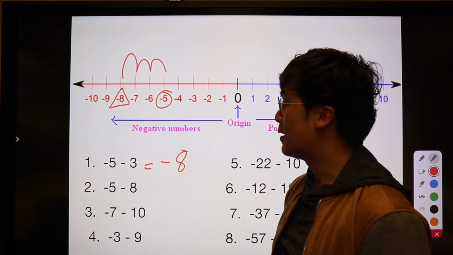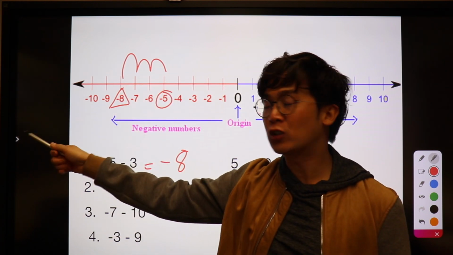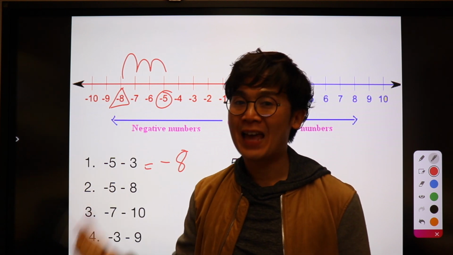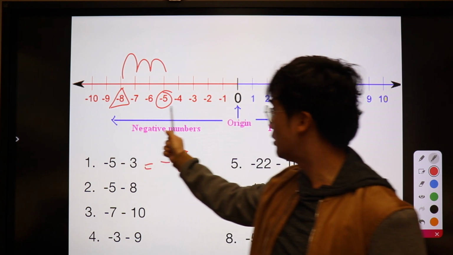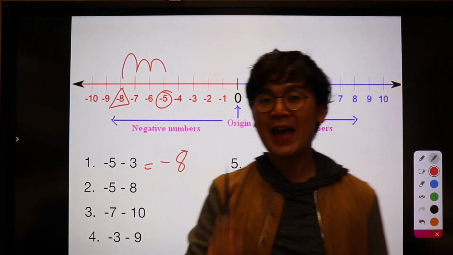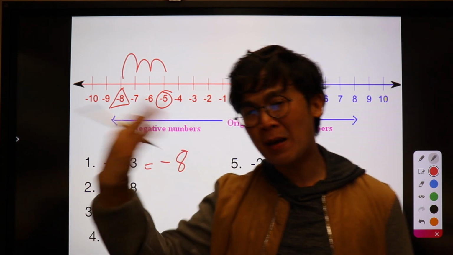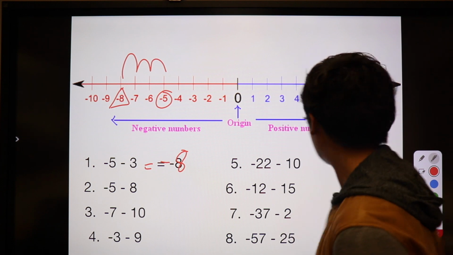So remember, the farther you are to the negative side of the number line, the lesser the value of that particular number. And if your negative number is getting closer and closer to 0, that means your negative number is getting bigger and bigger. So that is something that you need to think about when you are dealing with a negative number. So this is negative 8.